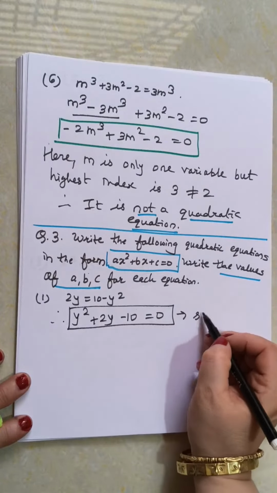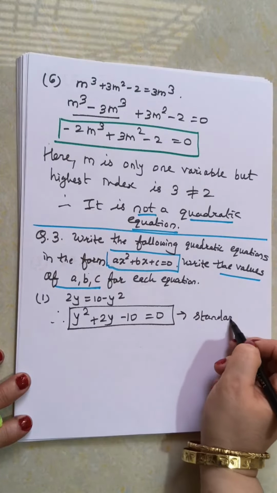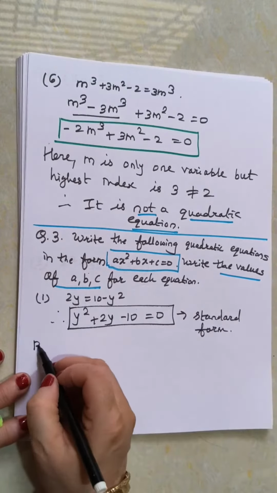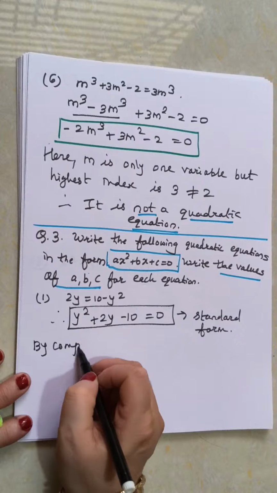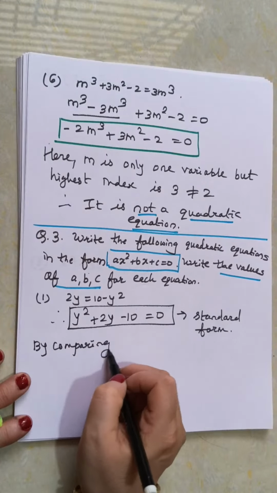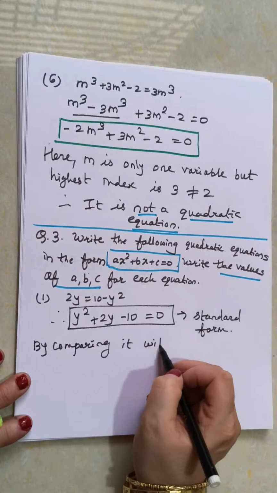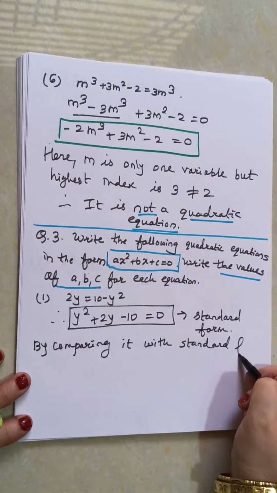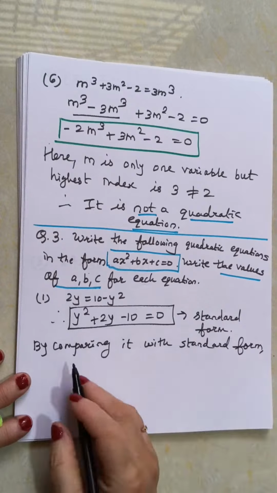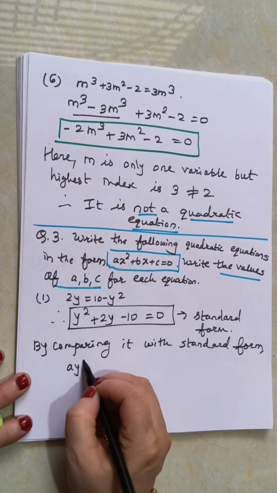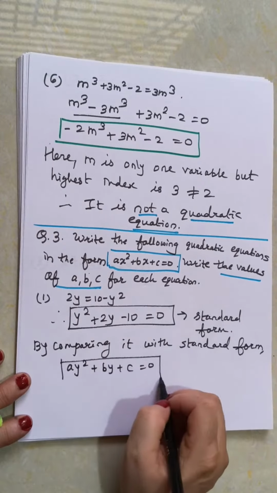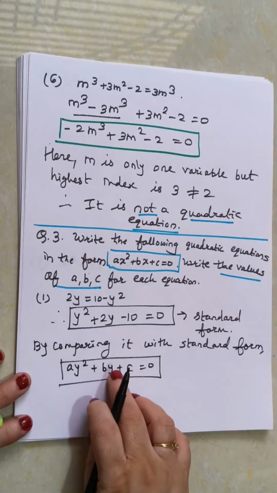This is standard form. Now by comparing it with standard form, so what is the standard form? ay² plus by plus c is equal to 0. Now compare it with this standard form.